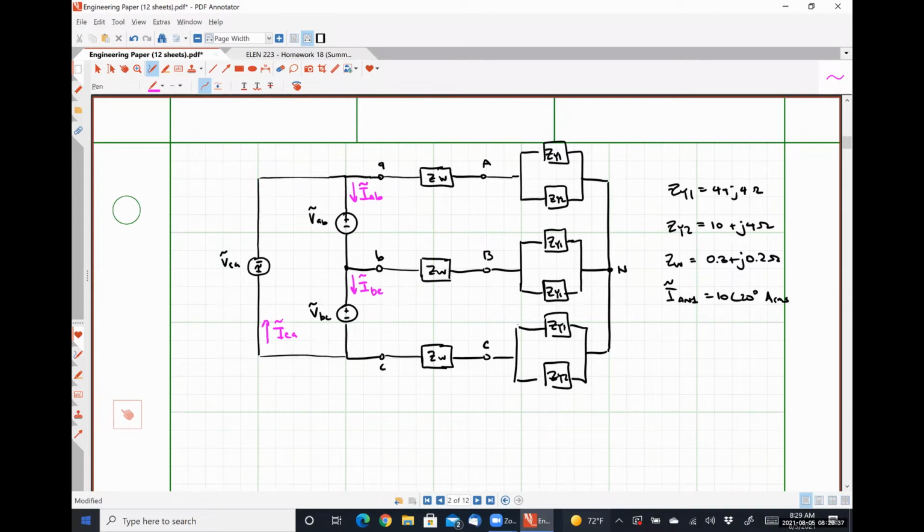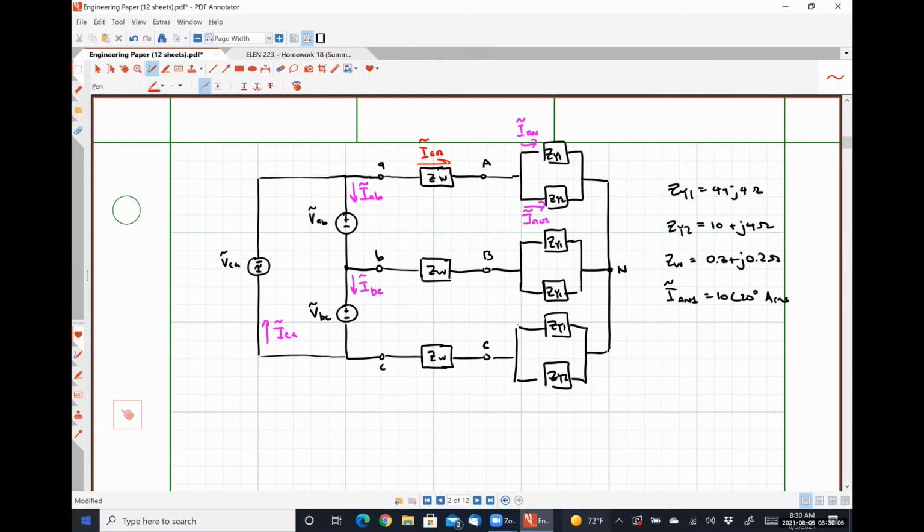So that phase current that we know, IAN1, is this guy right here. We do not know IAN2, but I think we can figure it out. And our intermediate step, I believe, is going to be figuring out what this line current IAA is.